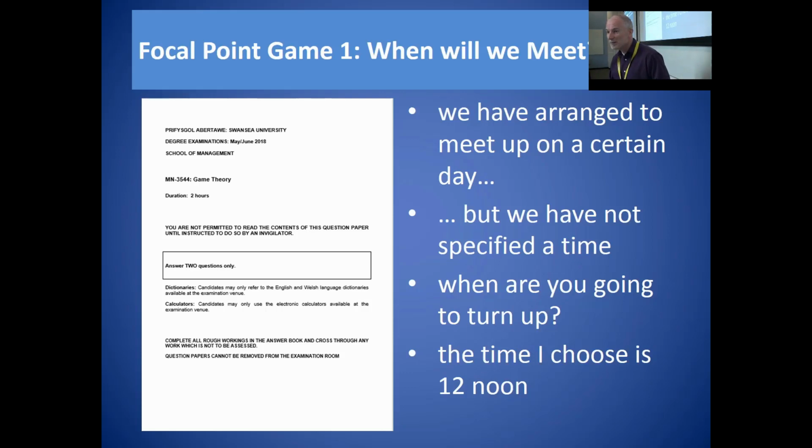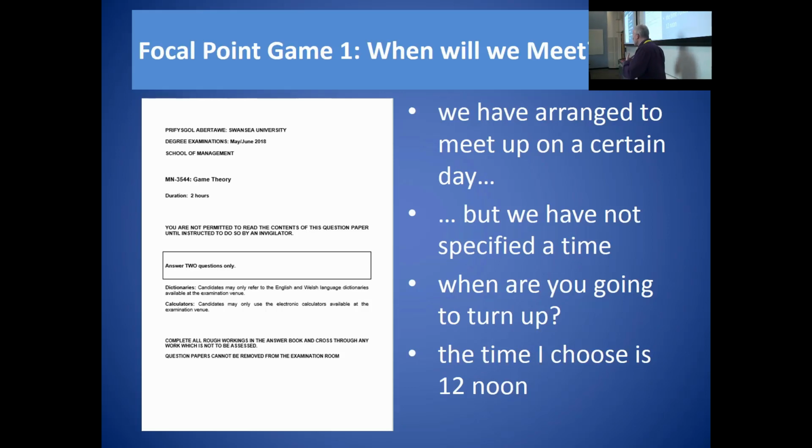Now, I didn't say you had to meet me on the hour, but at 9 a.m., 10 a.m., 6 p.m., 12 noon, 11 a.m., 1 p.m. Did anyone choose a time that wasn't on the hour? Don't be bashful if you did. Maybe some people might have chosen half past or quarter past. But again, we've gravitated towards certain outcomes.